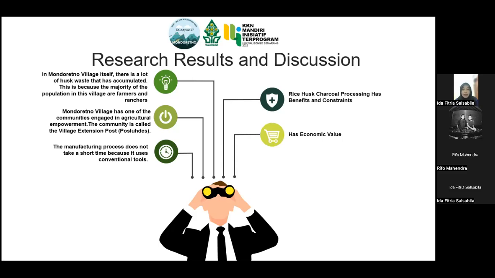And last, the lack of human resources. And last is economic value. It has a high selling value so that it can be increased in the coming time while being able to be reused.